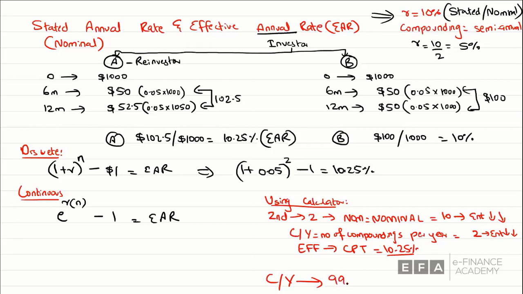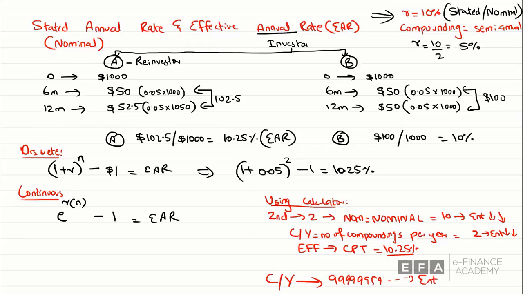You can just press 9999999, because the number of compoundings is infinite. So just press as many 9s in your calculator as possible and then press enter. Then you can simply compute the effective. You will get almost the same answer as the continuously compounded effective annual rate of return.